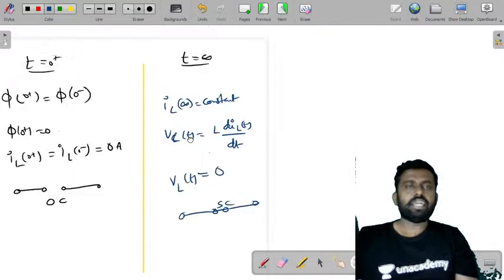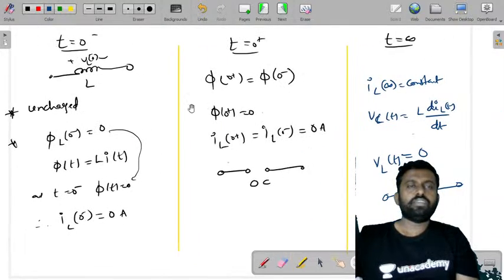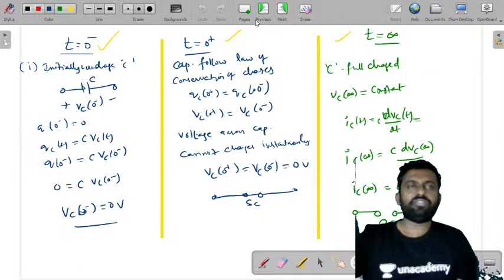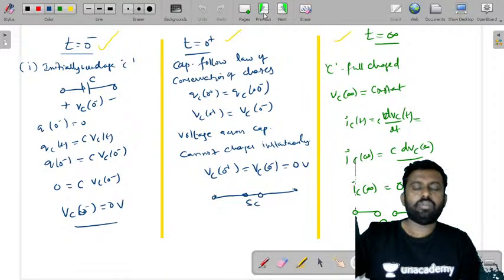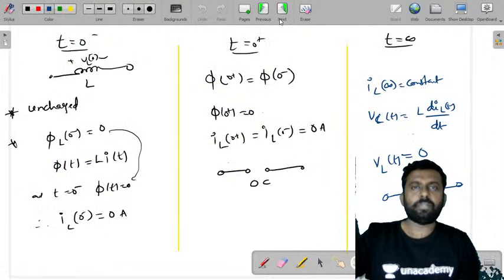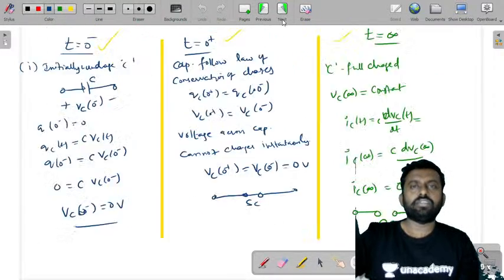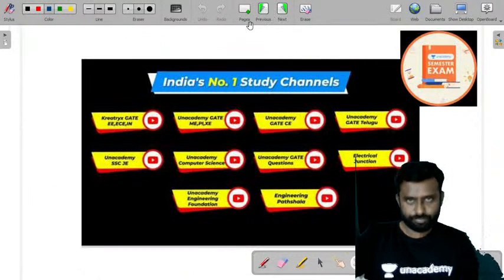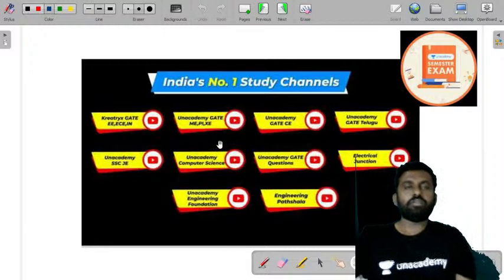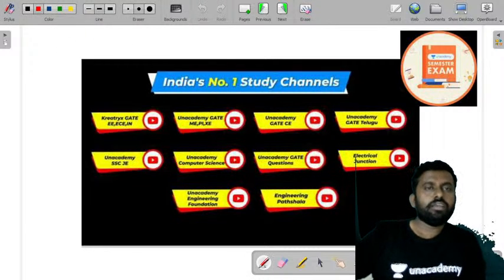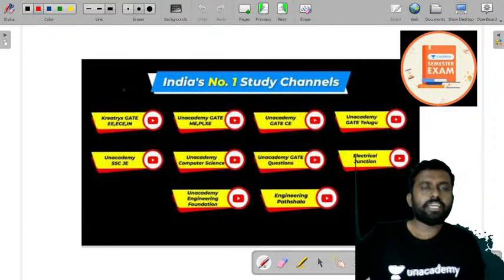So this is the basic idea of how we find the behavior of the inductor and capacitor, how they act as short circuit and open circuit at t equal to 0 plus and t is equal to infinity. So this is all about the initial conditions.